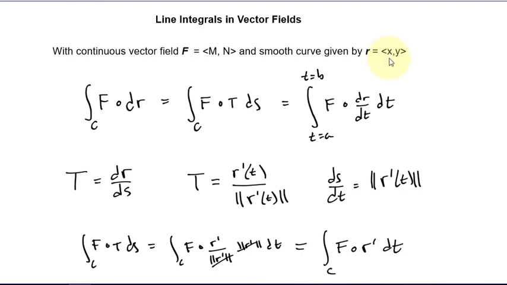The x would be some function of parameter t, the y is some function of parameter t, so that as the increments of the parameter continue, we'll trace out some curve. In this case, this is a position vector, right? R is the position vector for the curve, and it would be the same in 3D. It's generally something that would be given parametrically, traced out by some parameter t.